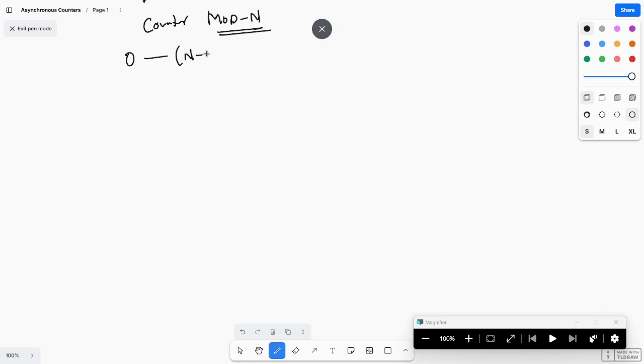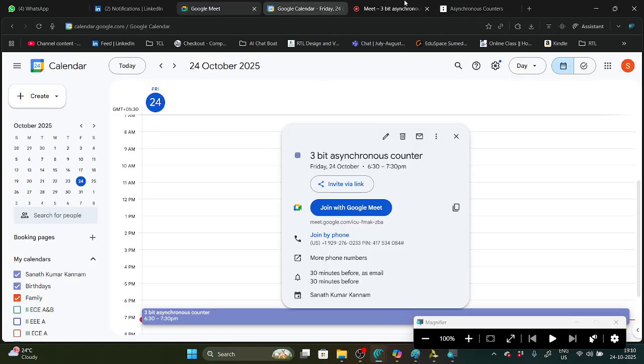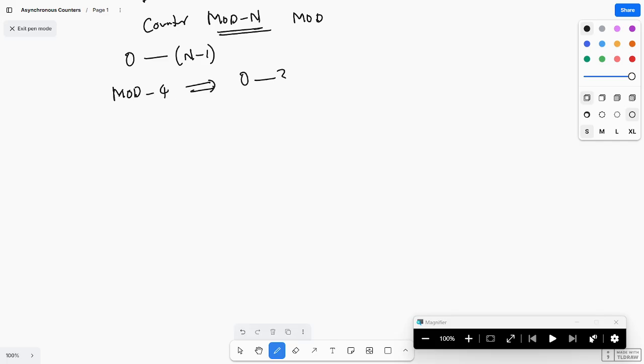First we already saw the mod 4 counter. Mod 4 counter means it will count from 0 to 3. And today we saw the mod 8 counter, which counts from 0 to 7. Suppose it is a mod 16 counter, it will count from 0 to 15.